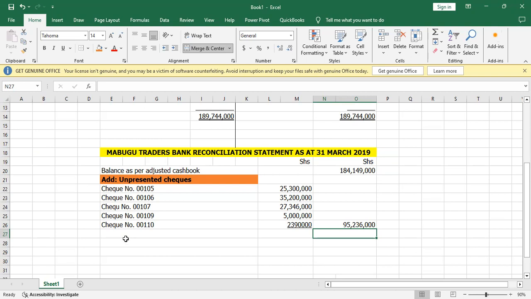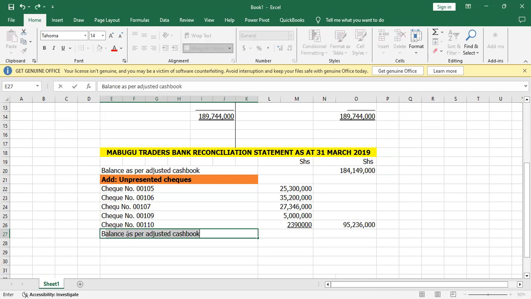So in your bank reconciliation statement calculation, you will come here and say bank error. This check was Mustafa's check, which was erroneously credited to Mabugu Traders bank account.